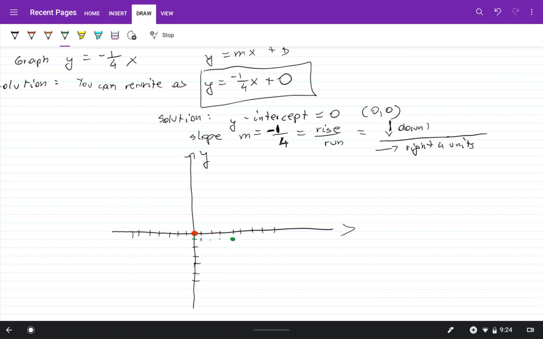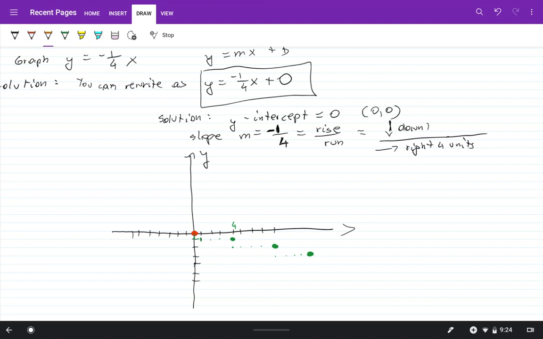That's my next point, which is (4, -1), right here. And then you can continue: 1 unit down, 4 to the right, so we are right here. If you need more, you go 1 down and 4 to the right. Okay, so we have enough points to graph it and create a straight line.